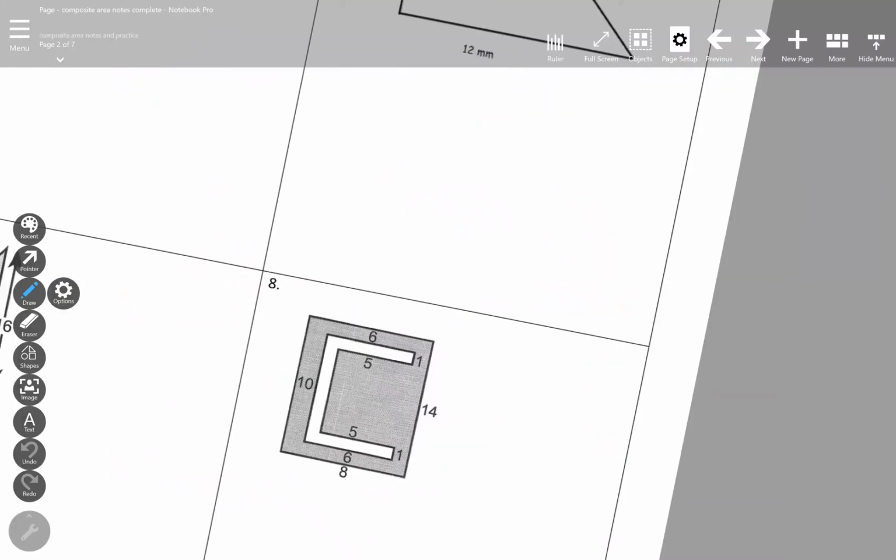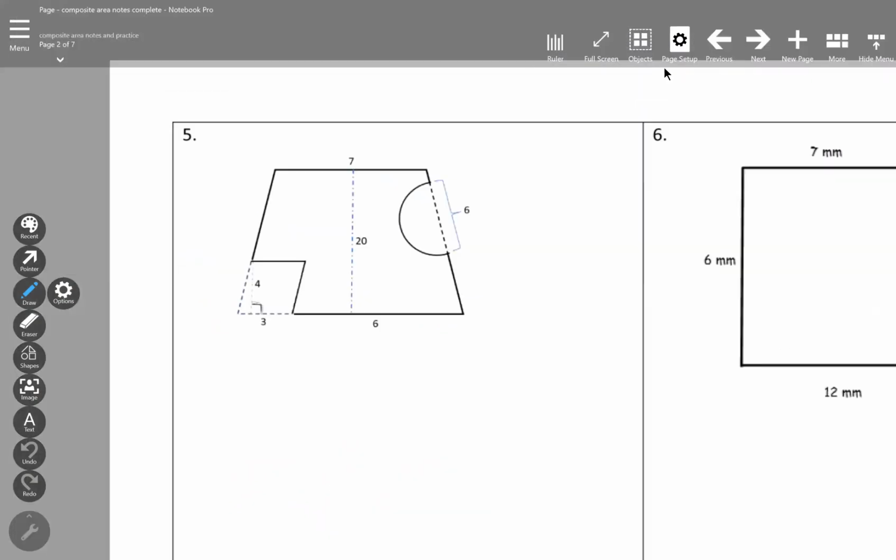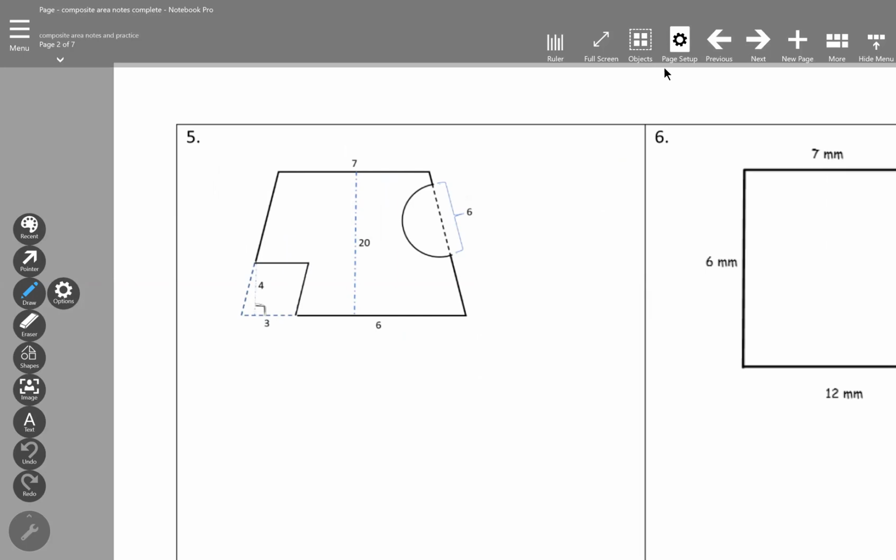Okay. I'm going to show you a couple here. So number 5, you have to look at this carefully, and you have to know, again, that the solid lines define where your figure is. So these dashed lines here are to kind of show you like things that you're going to have to subtract out.